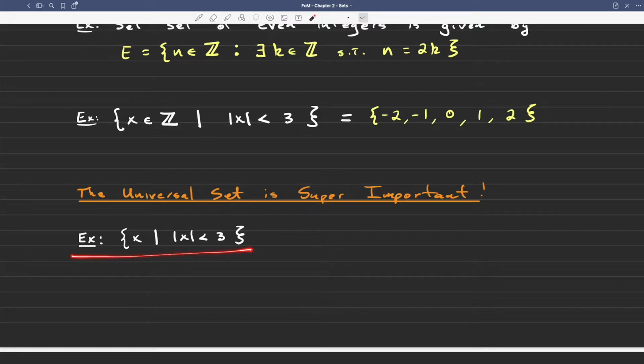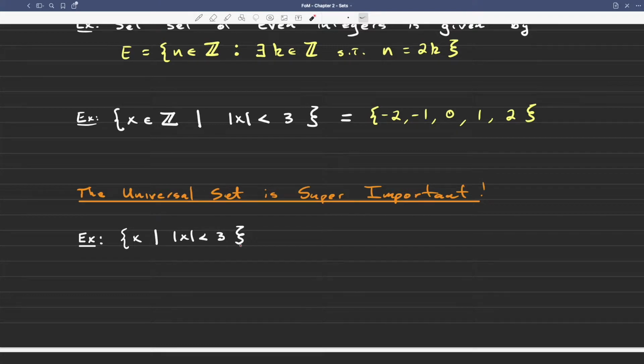Sometimes, if the context is clear and there's no possible chance that someone's going to be confused, you might drop the specification of the universal set because it's just redundant, because everybody knows what the universal set is. For example, when you're in a calculus class, the universal set is almost always the real numbers. And so if you drop saying that the x's were in the real numbers, well, you could probably be forgiven. But when in doubt, be sure to include a universal set.